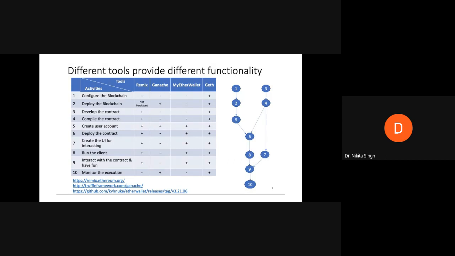And other clients that will be looking at your contract can use the interface provided by the contract to send money or to receive money as part of the contract. That is, if you are creating a contract that is used for sending or receiving money, then it will provide an interface which will allow the user to interact and send and receive money.